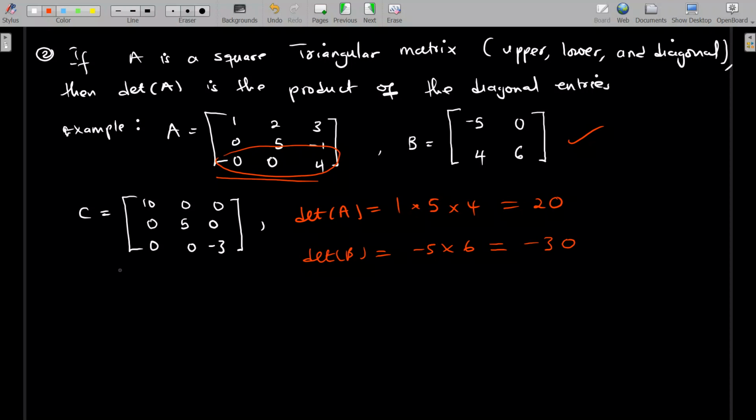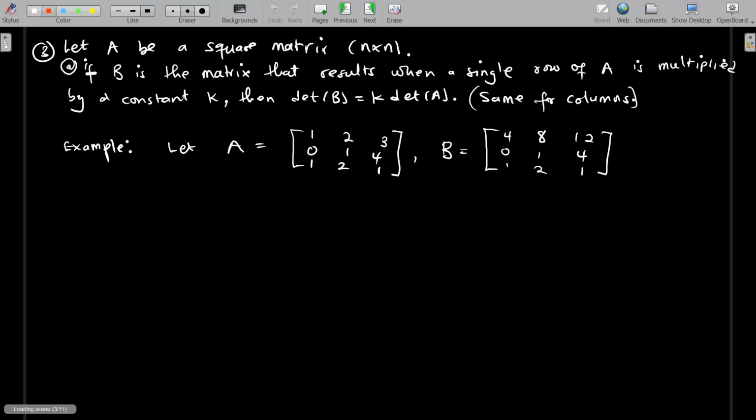Now if you pick this matrix C, it is a diagonal matrix, so the determinant of C is equal to 10 times 5 times negative 3, and that's going to give you negative 150, right? So that is the property when you have a triangular matrix, either diagonal, upper triangular or lower triangular.